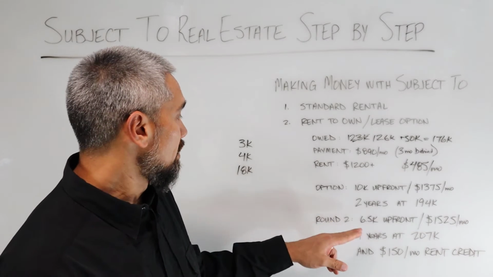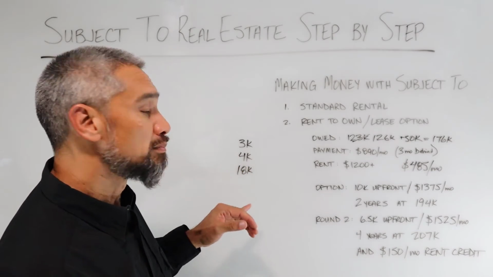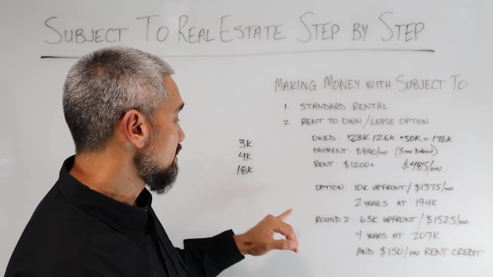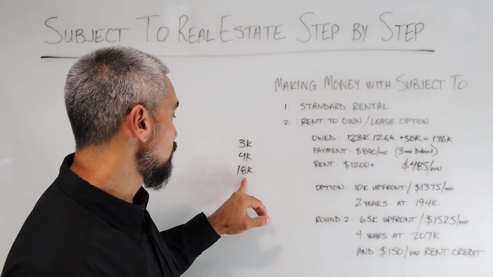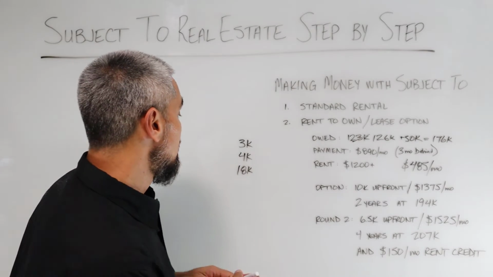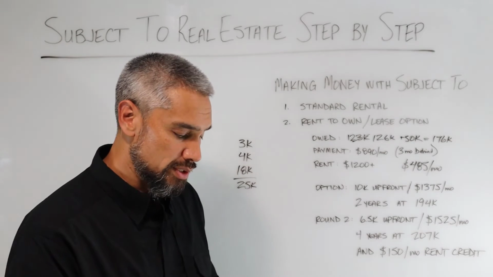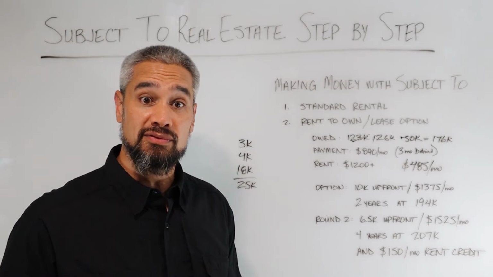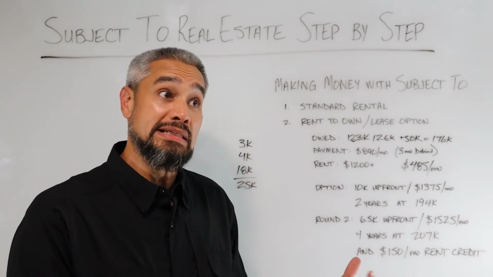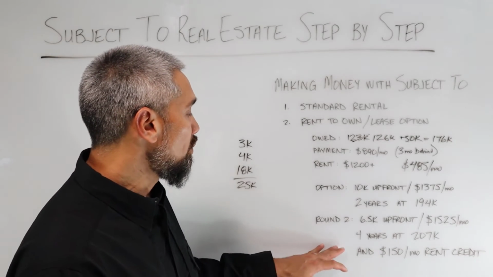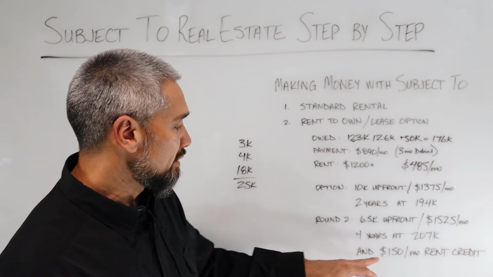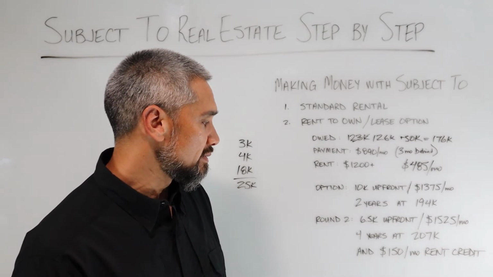So all in all, they had $3,000 pretty quickly, $4,000 in the second round, and total cash flow at $18,000. So they were positive $25,000, in addition, of course, to the typical benefits you have from taxes and appreciation and depreciation. So overall, they ended up selling the property at $207,000.